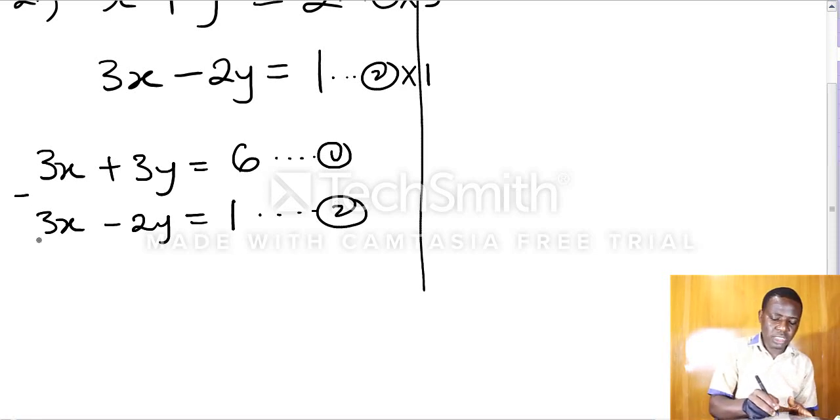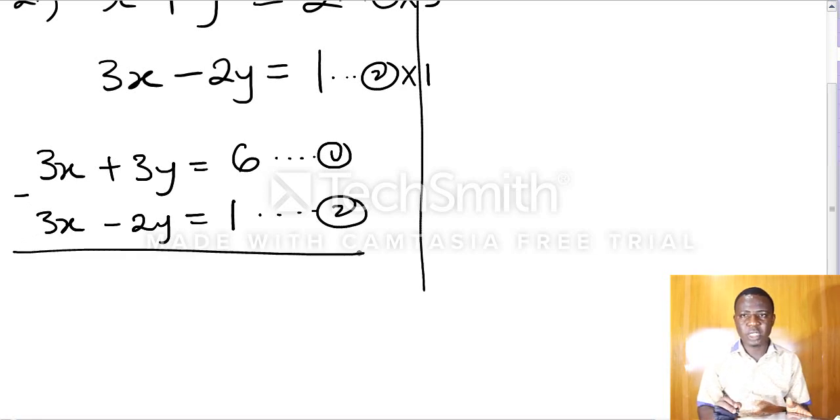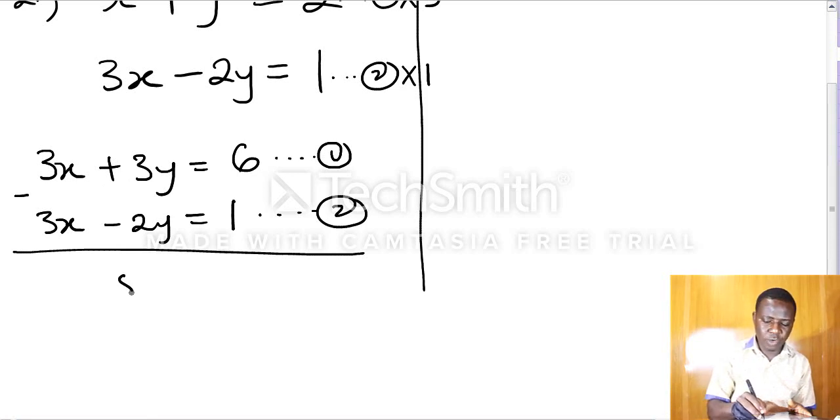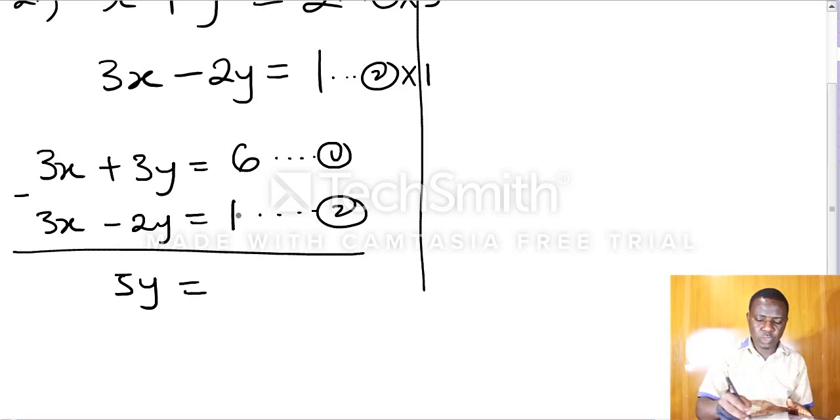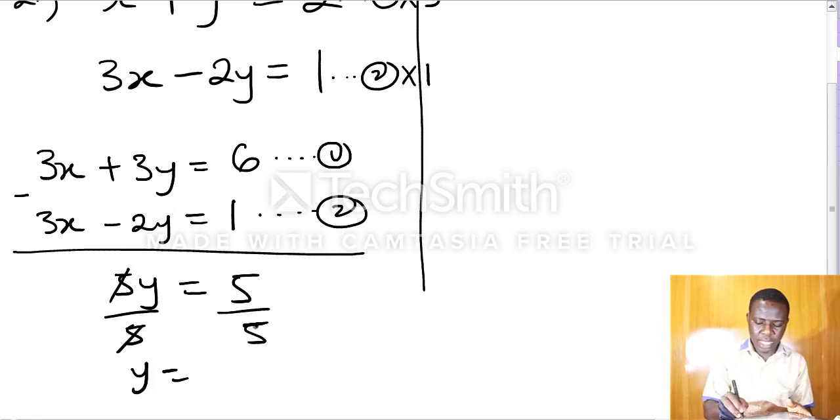I can now subtract equation 2 from equation 1 to eliminate x. This becomes 3x minus 3x is 0, while 3y minus minus 2y will be 3y plus 2y, leaving us with 5y is equal to 6 minus 1, which is 5. Dividing both sides by 5 to get our value for y, you have it that y is equal to 1.